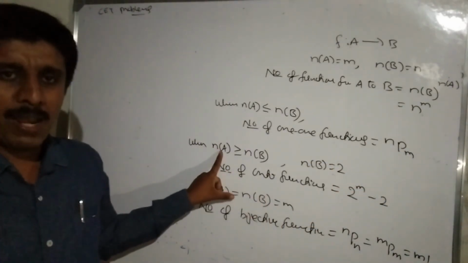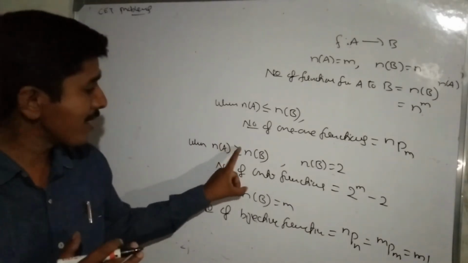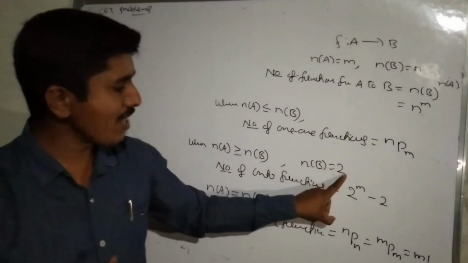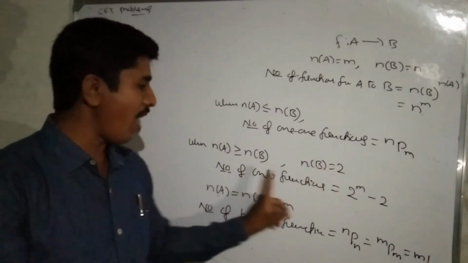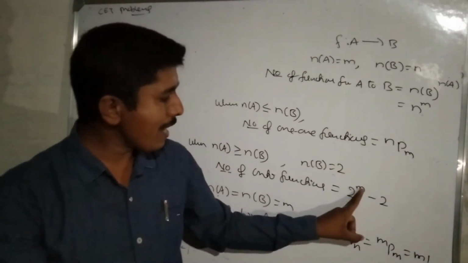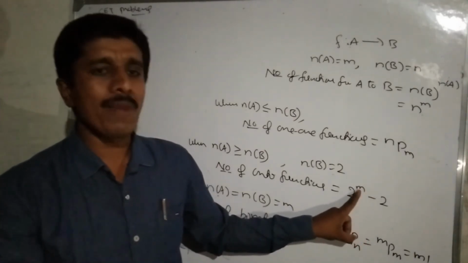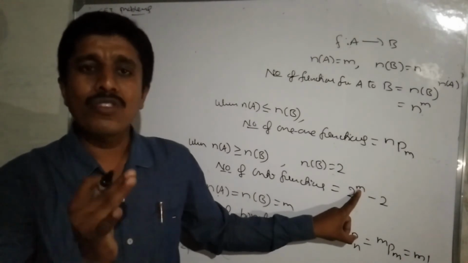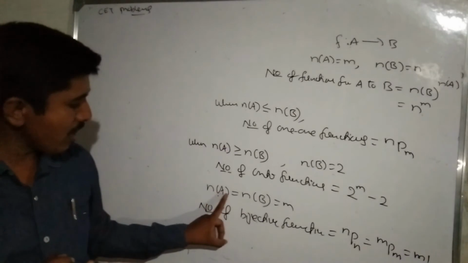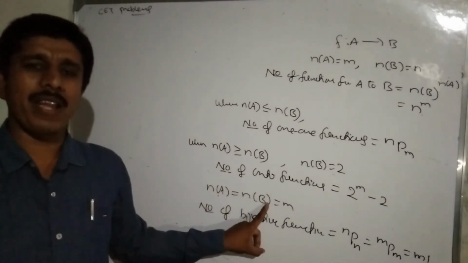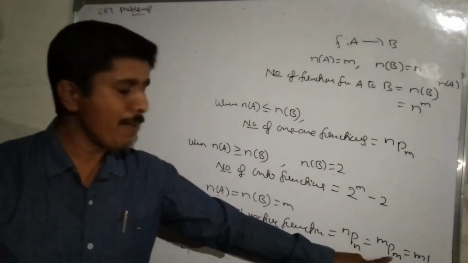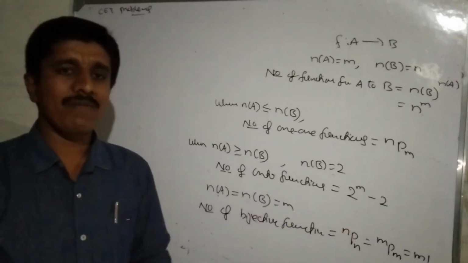Next, when the number of elements of the domain is greater than or equal to the number of elements of the codomain, and the codomain contains two elements, then the number of onto functions from set A to set B is 2 power m minus 2. Here m is the number of elements of the domain. And next, when the number of elements of the domain is equal to the number of elements of the codomain, the number of bijective functions is m factorial, or n factorial.